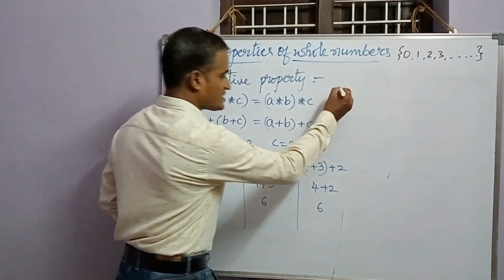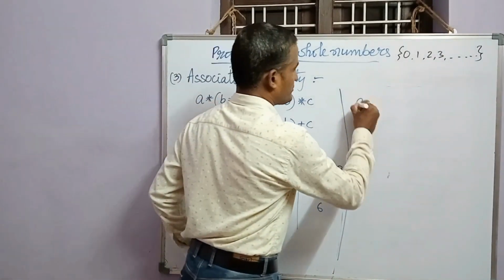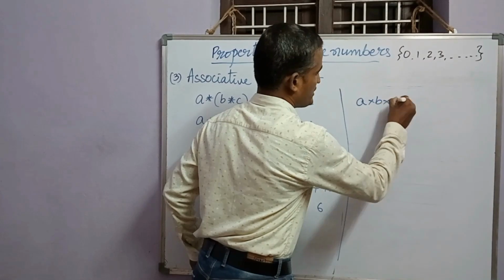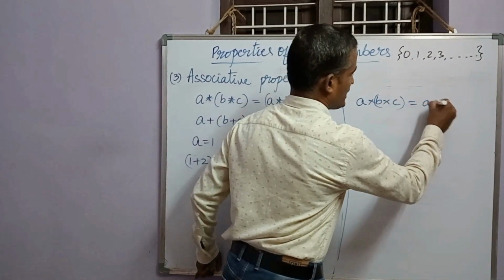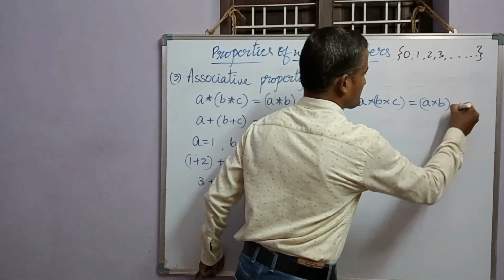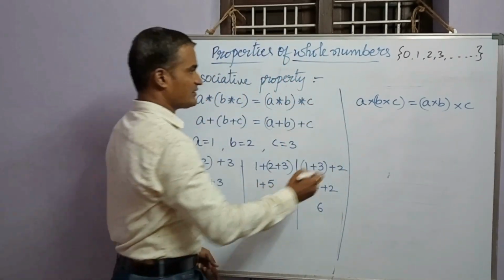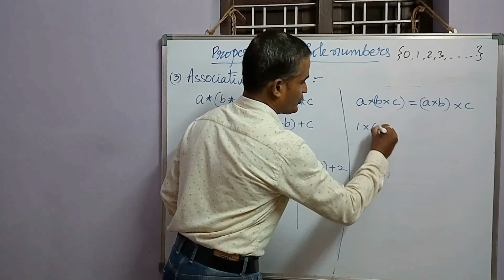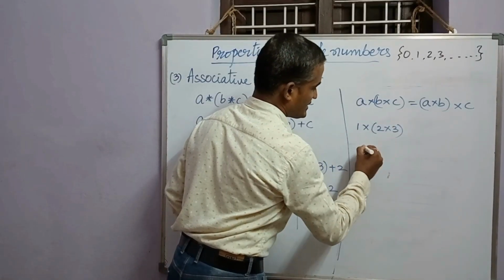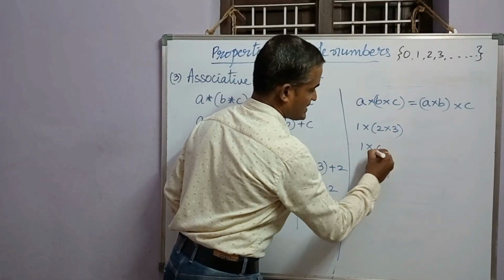At the same time, it also satisfies the associative property under multiplication: A into B into C is equal to A into B into C. Check with the numbers 1 into 2 into 3. 1 into 2 is 2, 2 threes are 6.